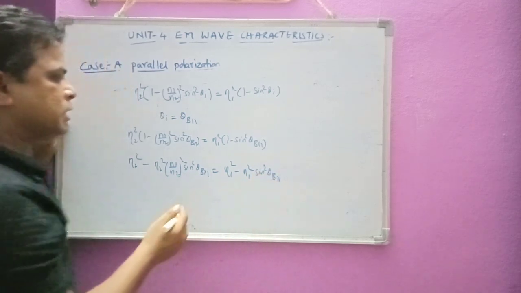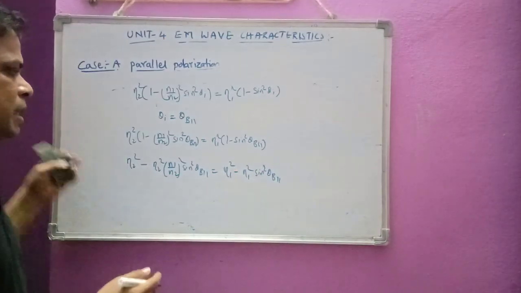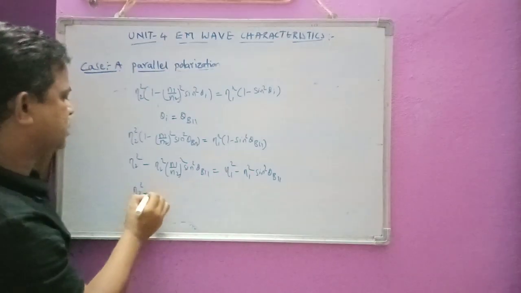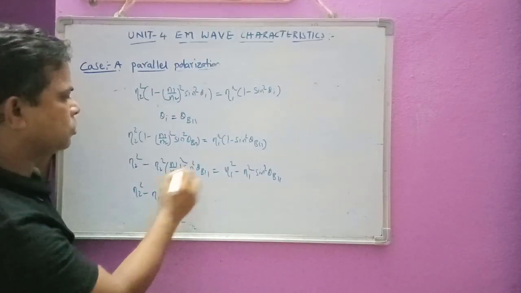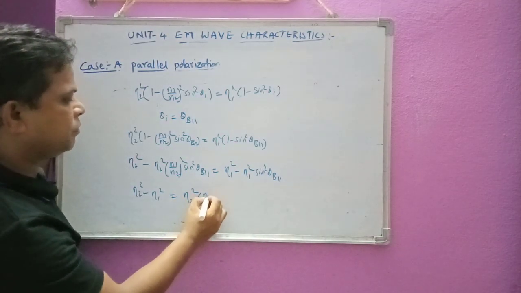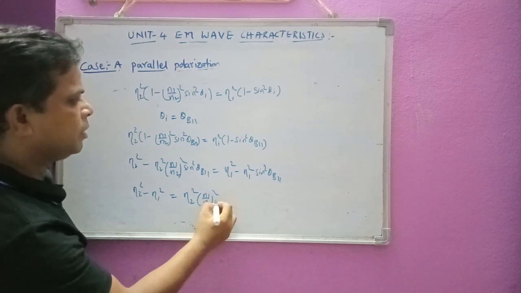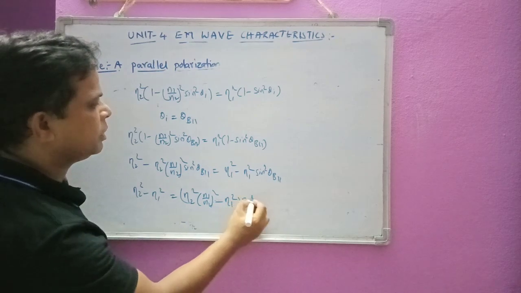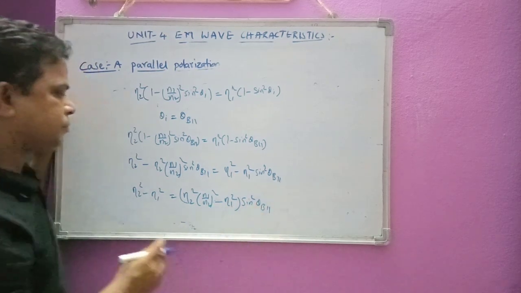Now I have to move the sin square terms to one side and the other terms to the other side. I will take eta 2 square minus eta 1 square, that is equal to (eta 2 square (n1 by n2) whole square minus eta 1 square) into sin square theta b parallel.